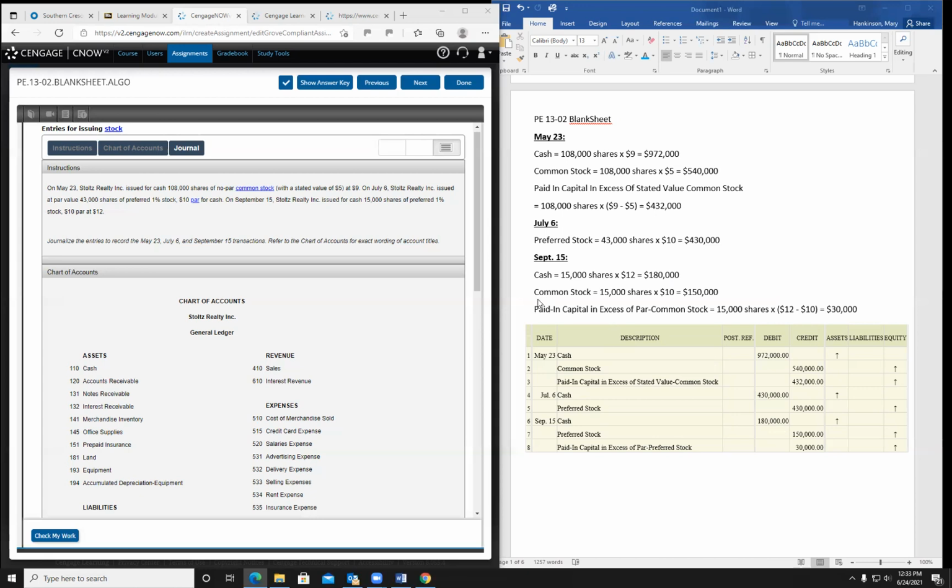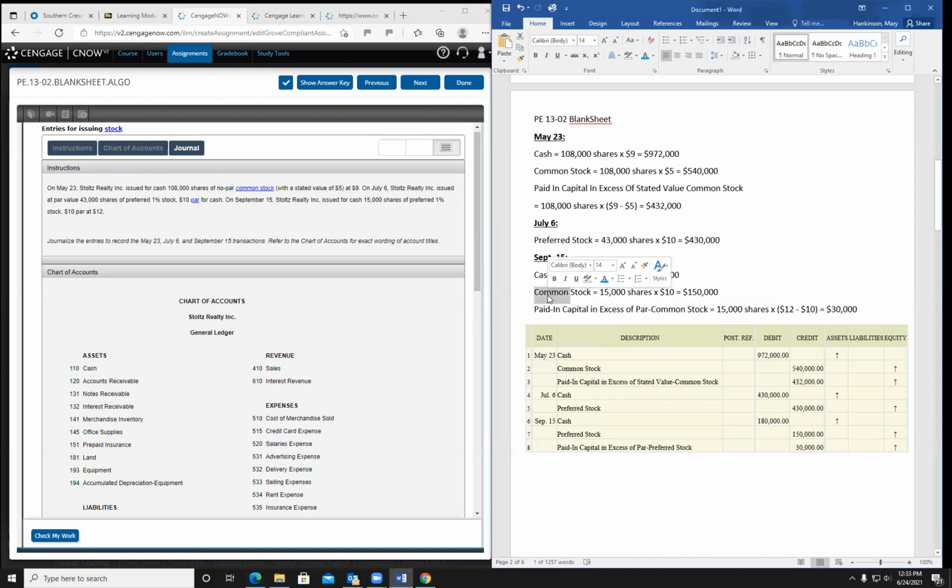Now the common stock, that's a typo, that should say preferred stock. I apologize. The preferred stock that was issued at 15 was a value of $10 a share. So we're going to come down here. I'm going to put preferred stock at 150,000 because that was the value of the stock that we issued. And that's what we're going to record it as.